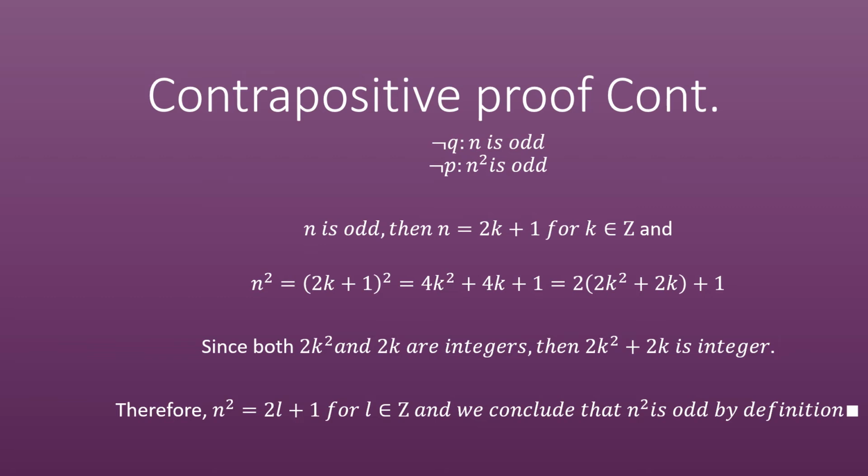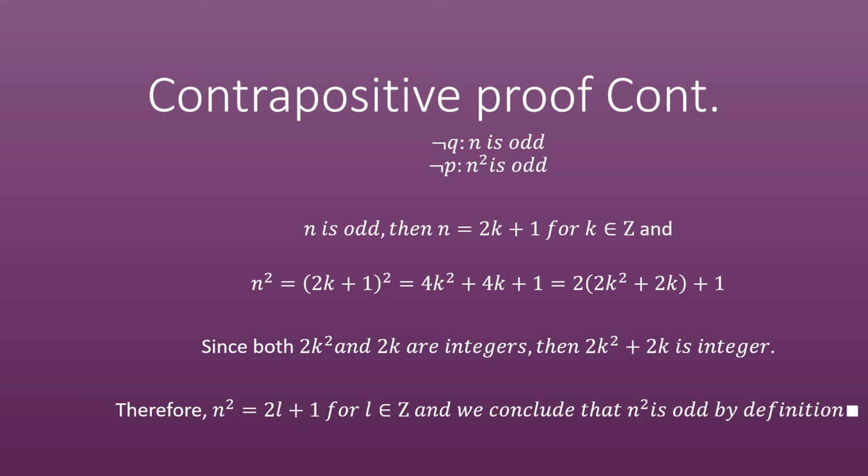And now, since 2k squared and 2k are both integers, because k is an integer and 2 is an integer, and when you multiply integers you get another integer, we can replace 2k squared plus 2k with another integer L. So now n squared can be expressed as 2L plus 1 for some integer L.